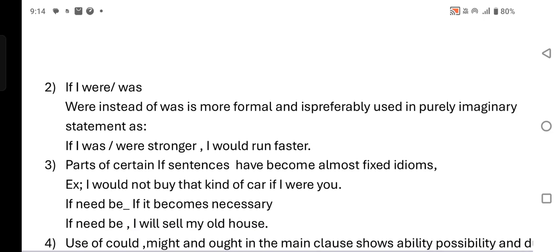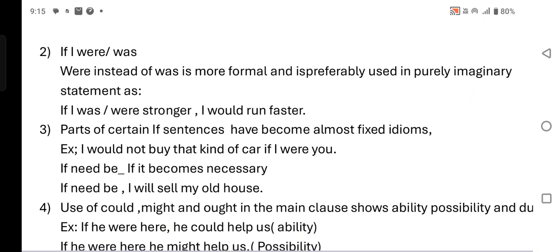Next, parts of certain if sentences have become almost fixed idioms. I would not buy that kind of car if I were you, in your place.